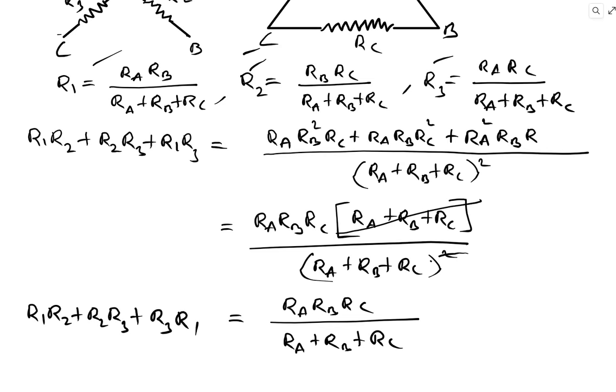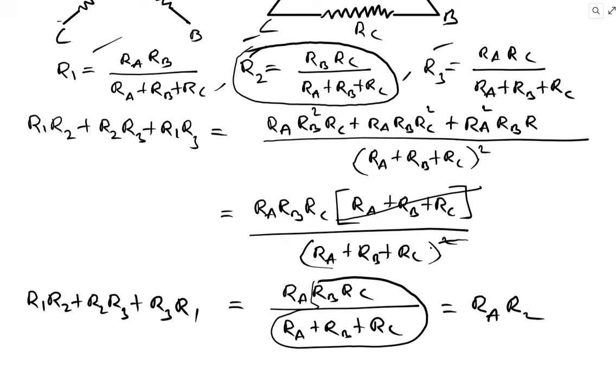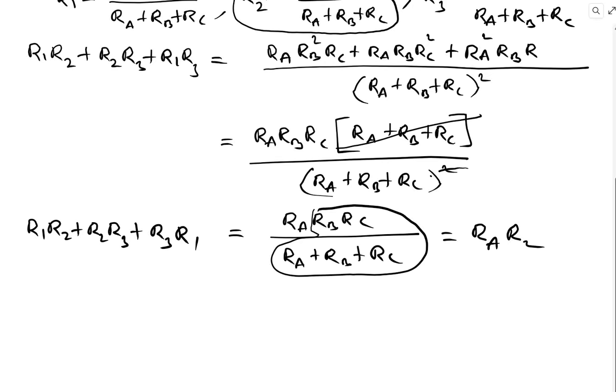Now if you look at the equation, this is the R2 equation, so we can find the same here also, that is RB RC by RA plus RB plus RC. So in place of that I can write R2, so RA times R2. Now bring this R2 to the left side and we get the RA value.